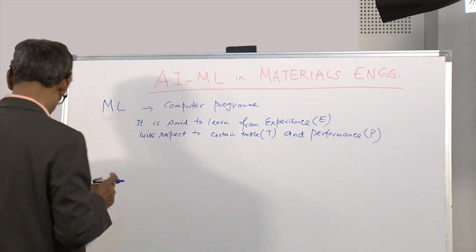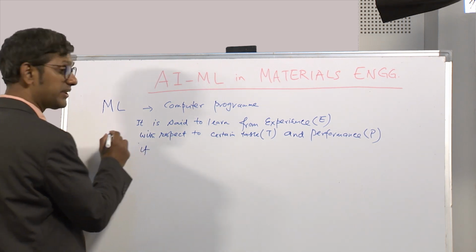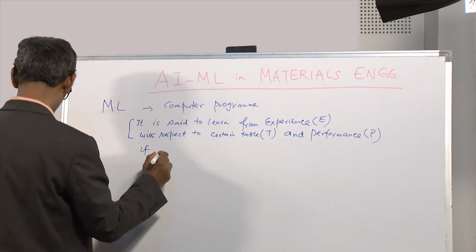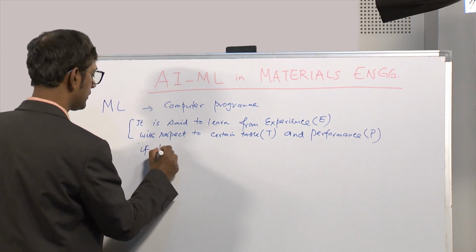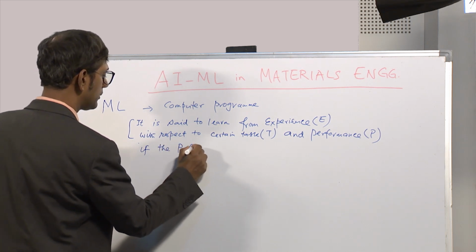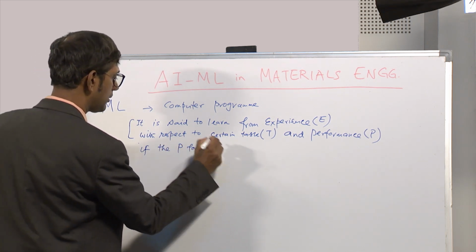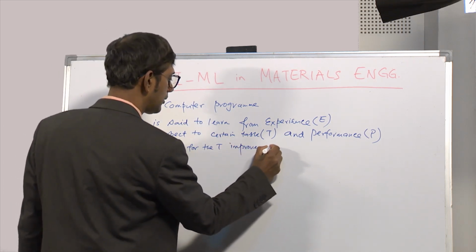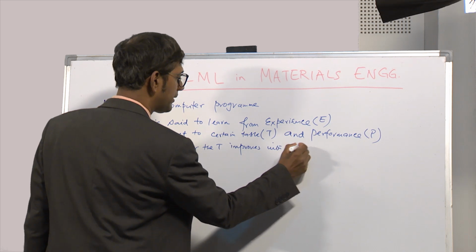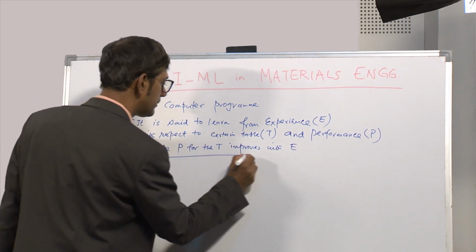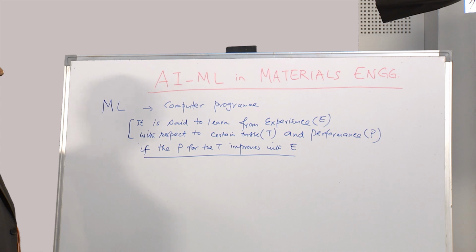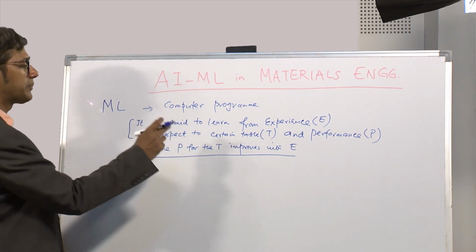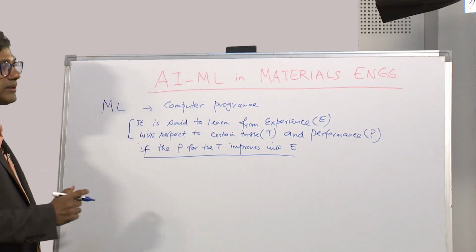If it is called machine learning, if the performance for the task, the P for the task, improves with experience, that is the key statement.